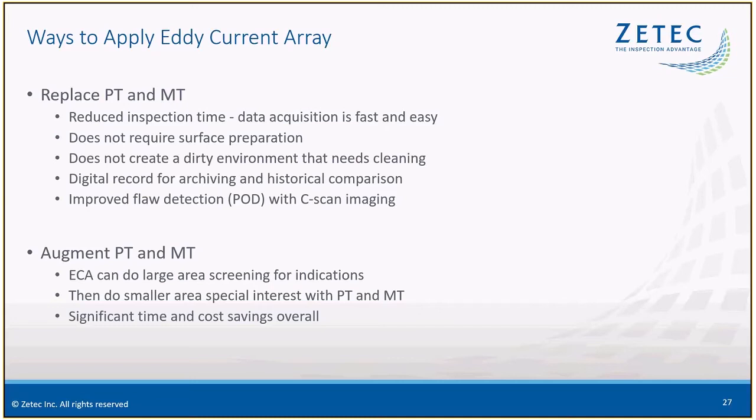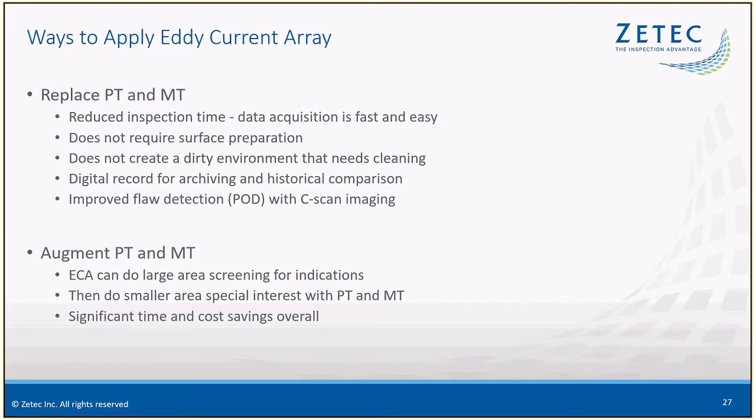Sometimes it can be hard to get to that level of complete replacement. There's a lot of historical data associated with doing the PT and MT, so another approach would be to augment the PT and MT. You would use the eddy current array to do large area screening for indications.